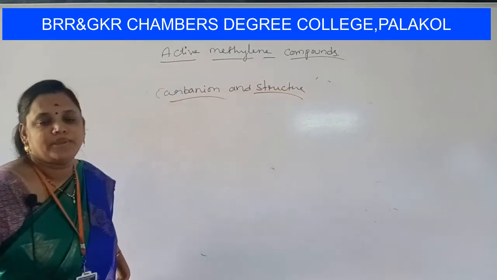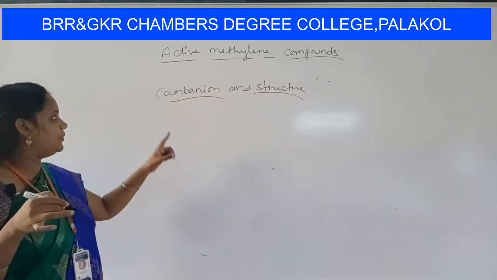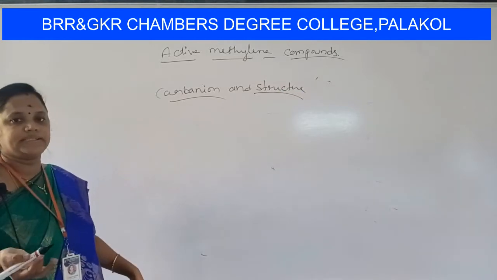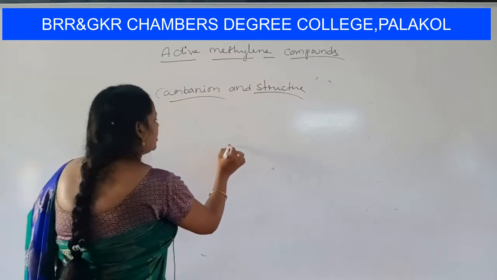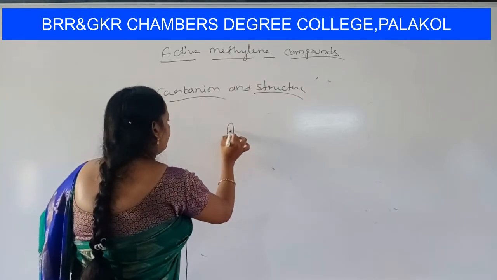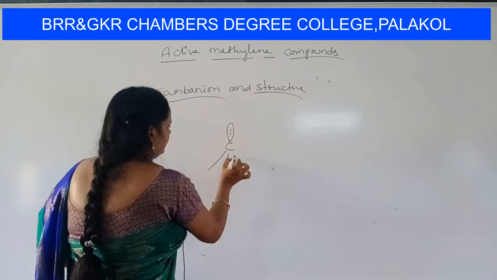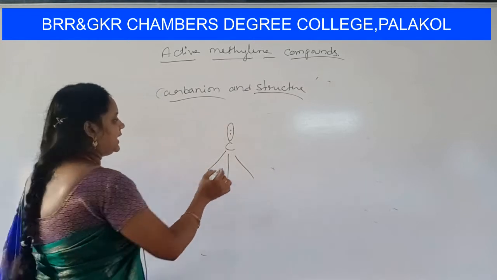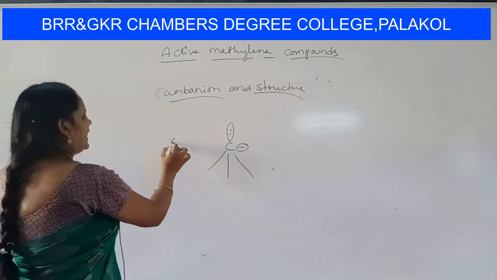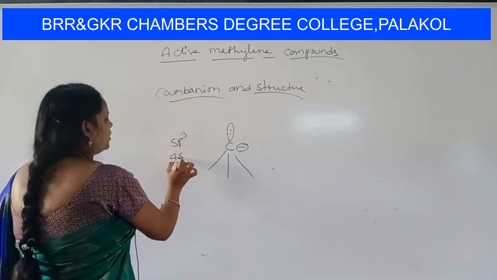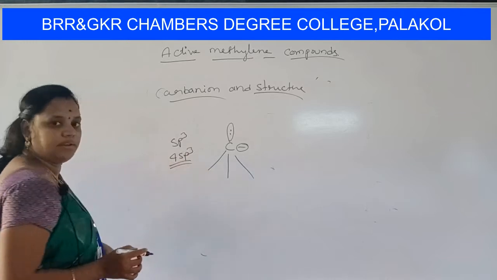Okay. From point 1, I am talking about the carbanion. Let us discuss the carbanion and its structure. The carbanion has a lone pair of electrons with 3 bonds connected to other atoms, with a minus charge. Hence, it undergoes sp3 hybridization. It has 4 sp3 hybrid orbitals. Right, students?